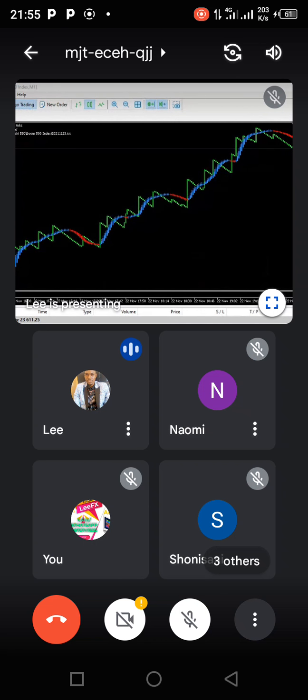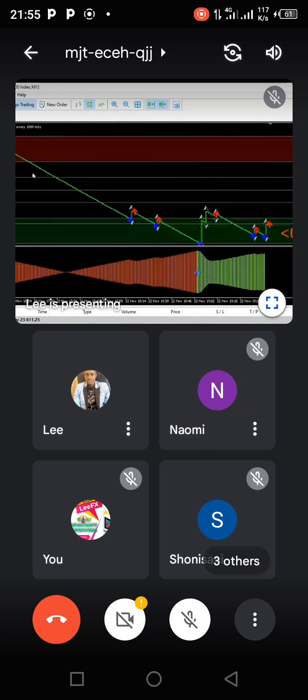So we'll go to Boom. This is Boom 1000. Are you seeing this red line on top? Yes. This is our resistance level. Then the green line down here, this is our support.